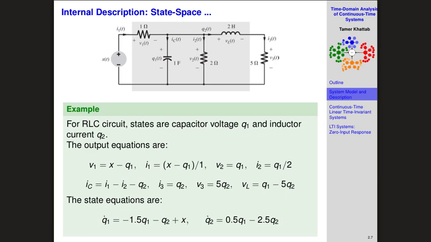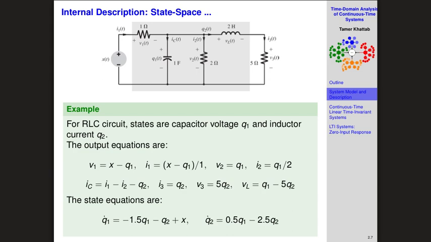Okay, here is an example, so you know what I mean by state variables and what is meant by state equations and what's meant by the output equations and so on. For this RLC circuit, there is a way to do this, but we're not going to deal with this in this course.